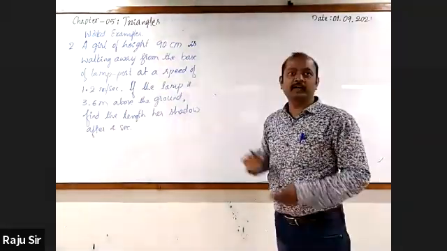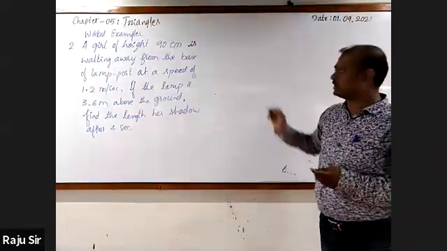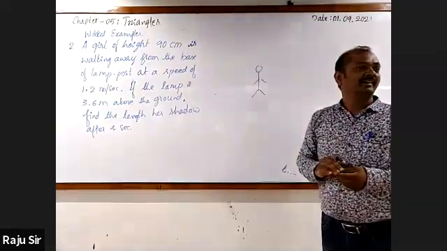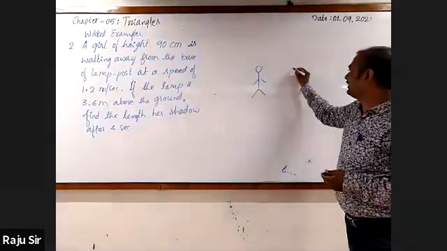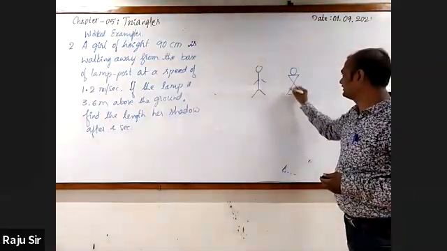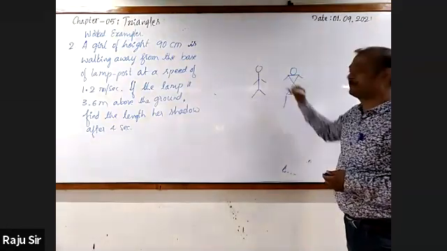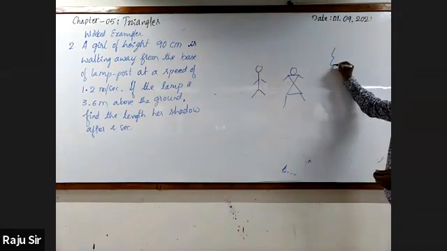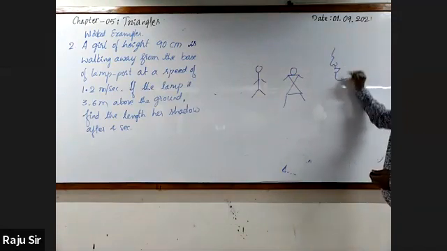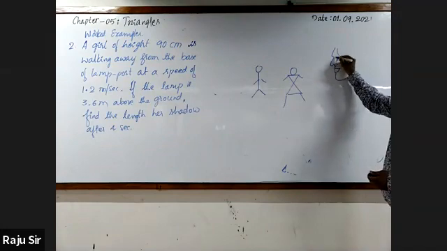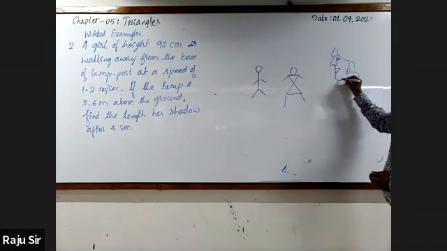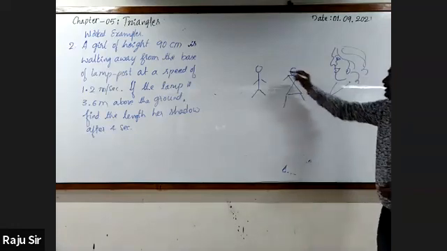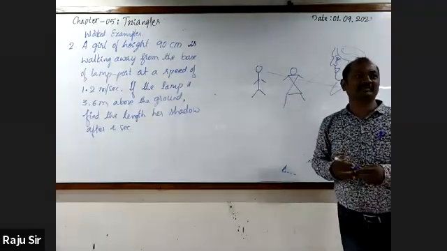A girl of height 90 centimeter. Okay, some of you are trying your best in drawing, and some of you are drawing like this. We don't need all these drawings.